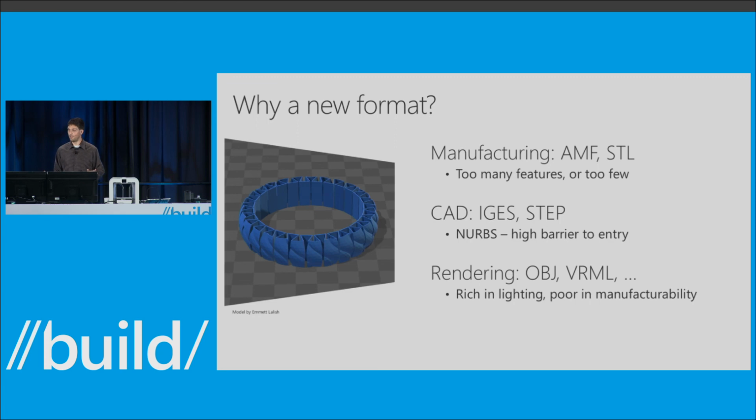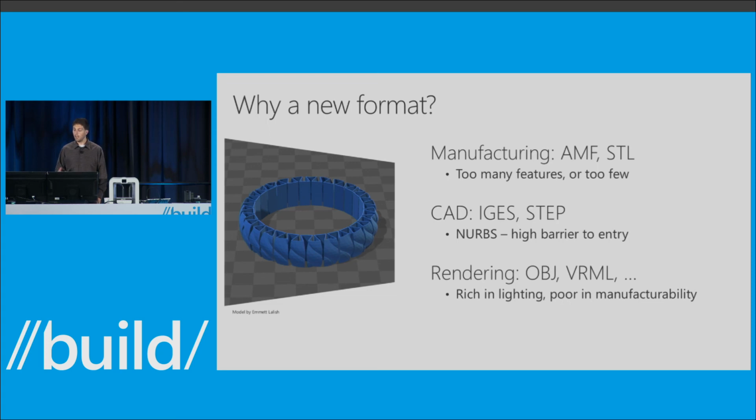They're very powerful, but they're also very complicated. They're a high barrier to entry, and there's a reason there's only a few giant CAD companies that really push this kind of stuff, because they have the enormous investment and expertise to do that. But what we're looking at is trying to broaden this out to a wider set of developers, and that means using something simpler and more easily implementable.